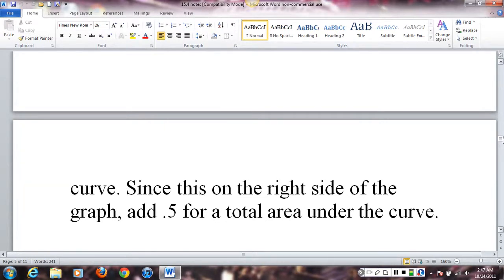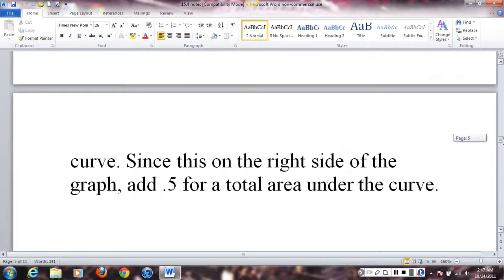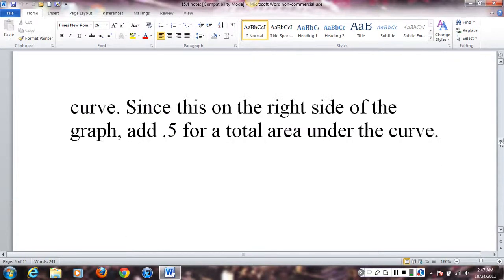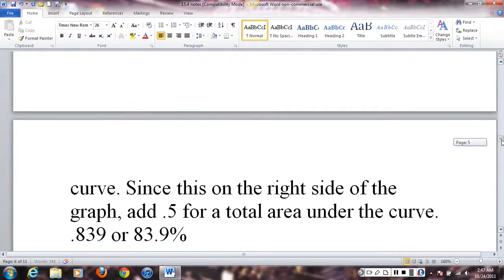So we're going to add 0.5 to get the total area under the curve, everything to the left of that. So that means we'll get an area of 0.839, or 83.9%. Make sure that's right.